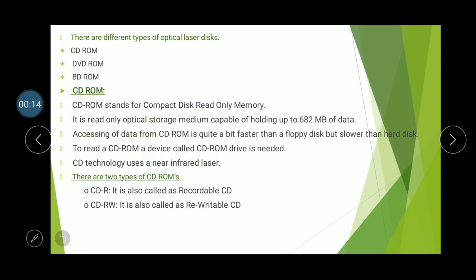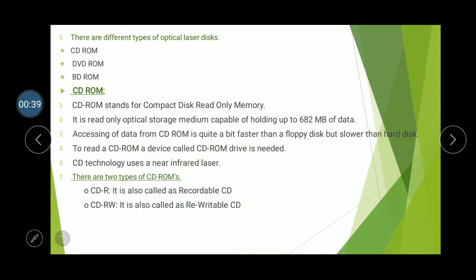CD-ROM stands for compact disc read-only memory. It is a read-only optical storage medium capable of holding up to 682 MB of data. Accessing data from a CD-ROM is quite a bit faster than a floppy disk but slower than the hard disk.